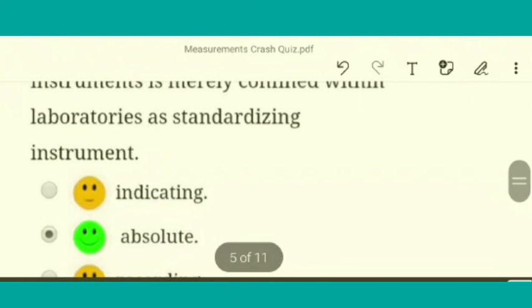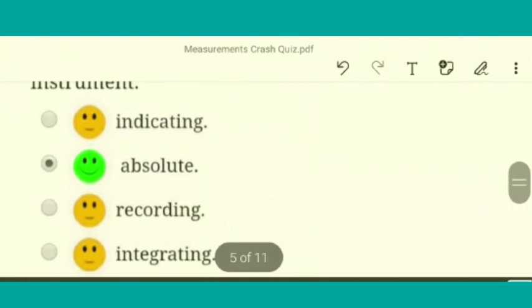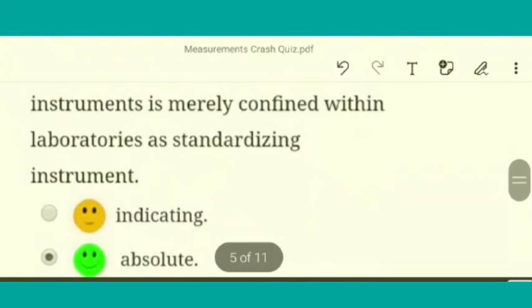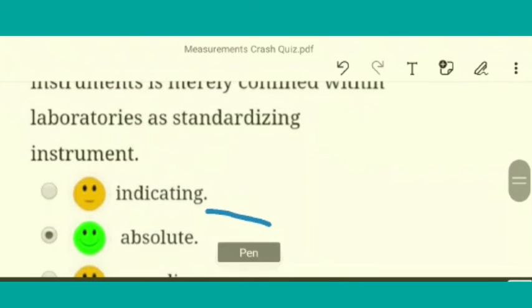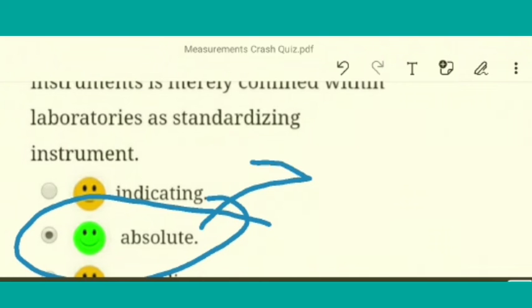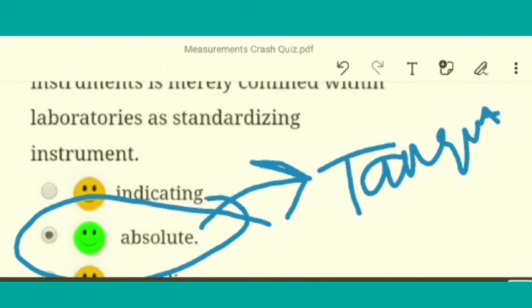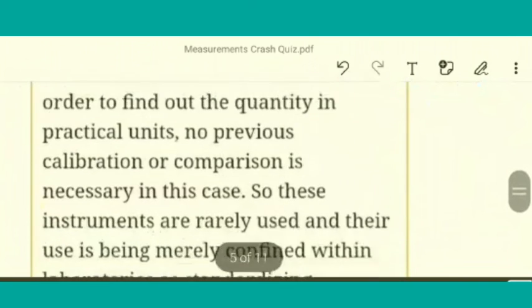We all know that indicating, recording and integrating instruments are not used in laboratories. Only absolute instruments are used in laboratories. An example of an absolute instrument is the tangent galvanometer, which is the best example of absolute instruments.